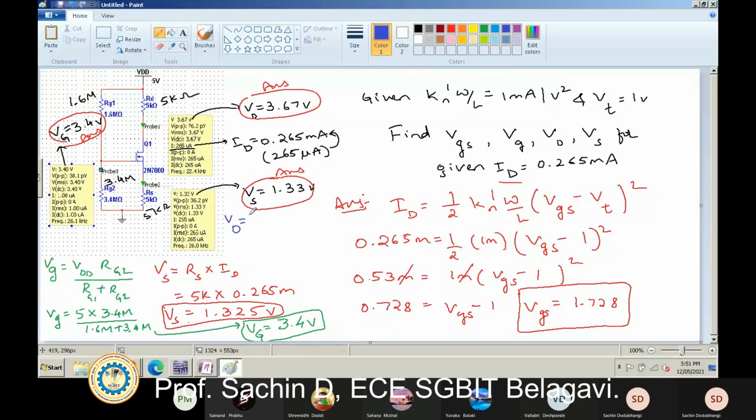VD, the voltage at drain, is equal to VDD minus the current flowing through it, ID, into resistance RD.